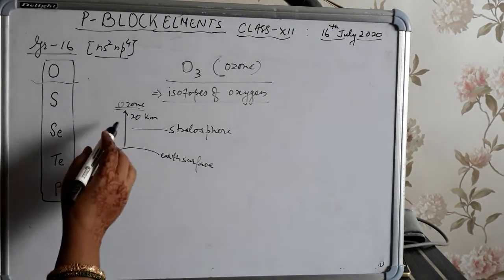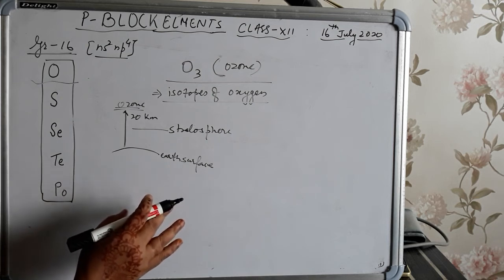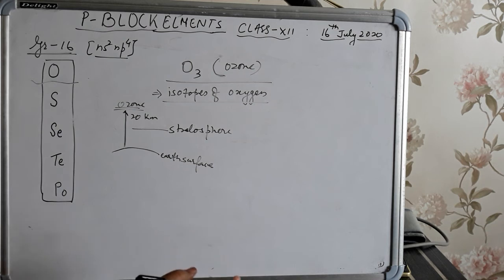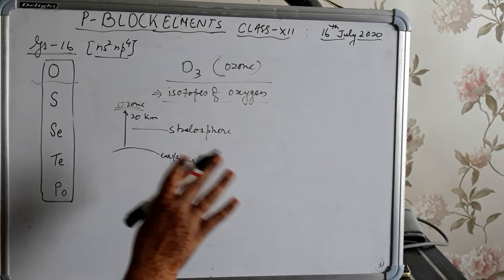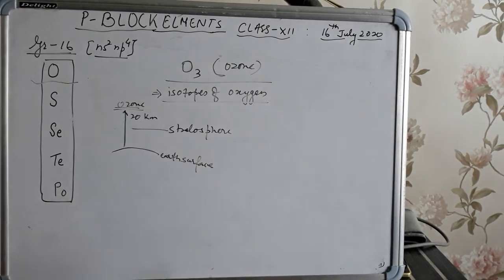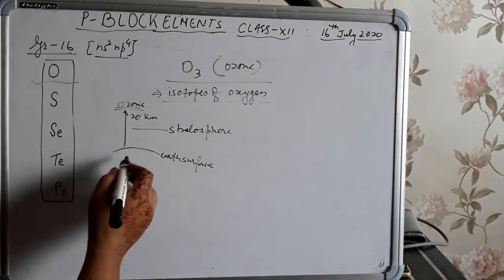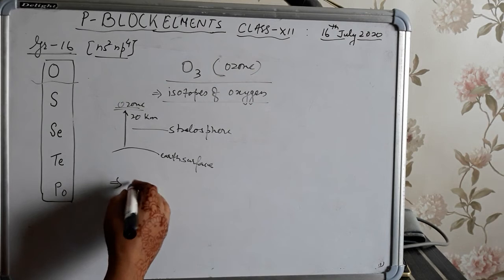The main function of ozone is that it protects the Earth from the harmful radiations of the sun. If there were no ozone layer, more ultraviolet radiation would reach the Earth surface, causing much damage to plant and animal life. So students, what are the agents which deplete the ozone layer?